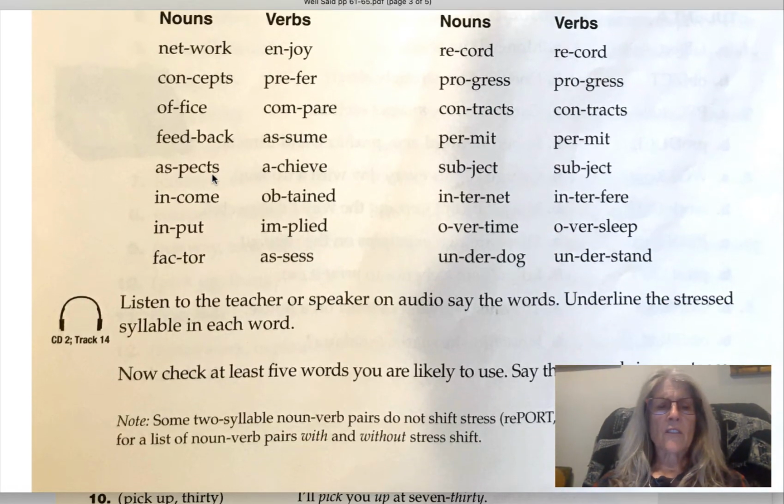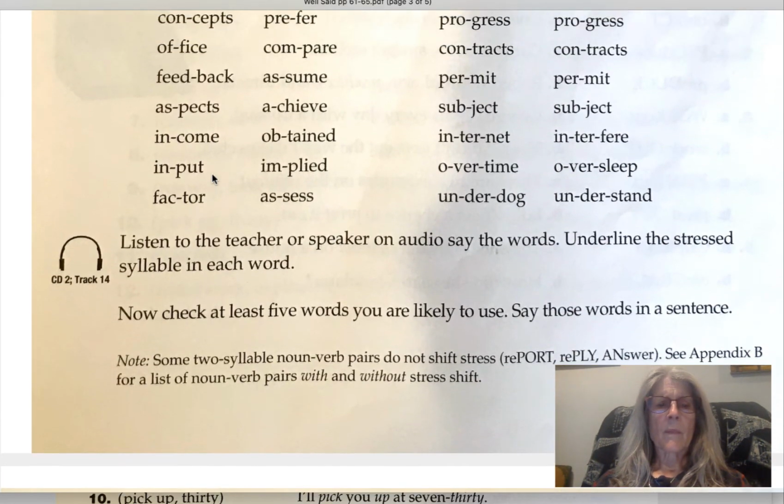So now let's make sure we check this note real quick, okay? Some two-syllable noun verb pairs do not shift stress. Report, reply, answer, okay? And then in your book, Appendix B will give you a list of noun verb pairs with or without the shift of stress, okay?